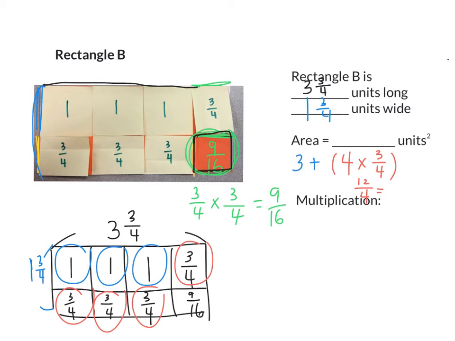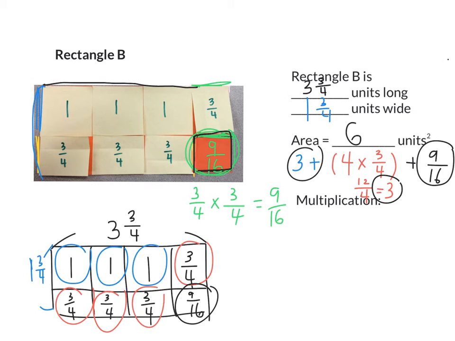Which is 3. Okay. And then I have 9/16 right here, right? So I have 3 plus 3 plus 9/16. What's 3 plus 3? 6 plus 9/16 is what? 6 9/16 square units.